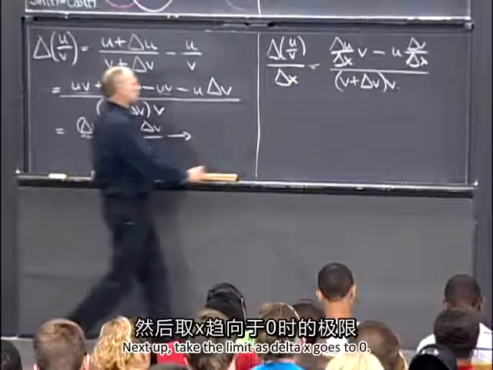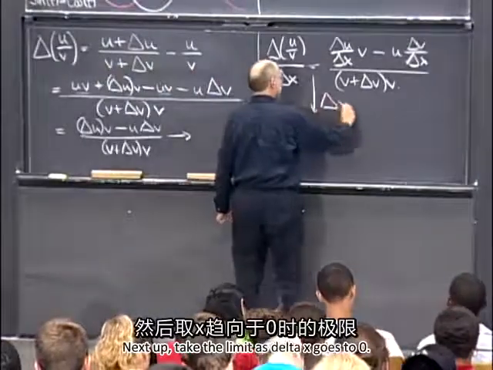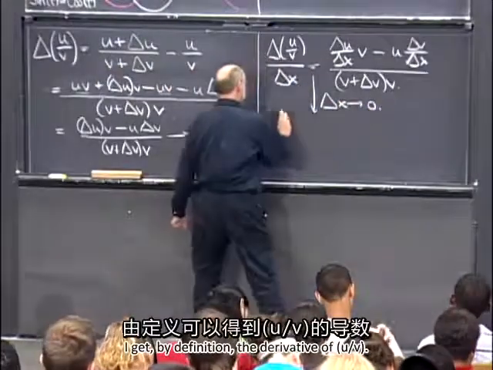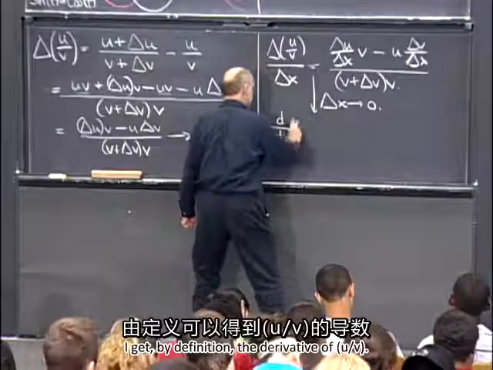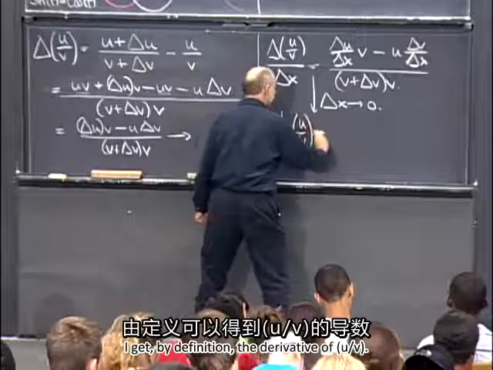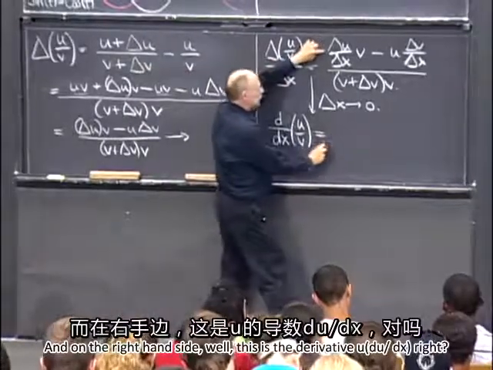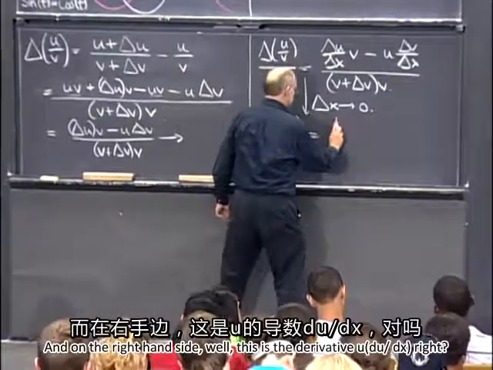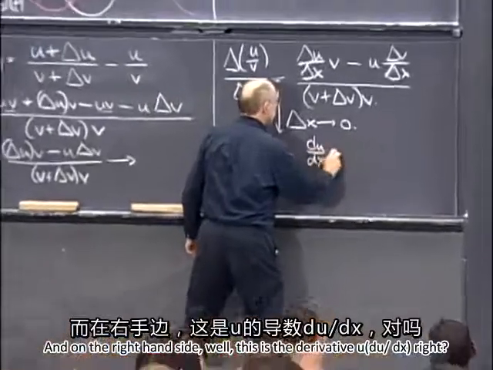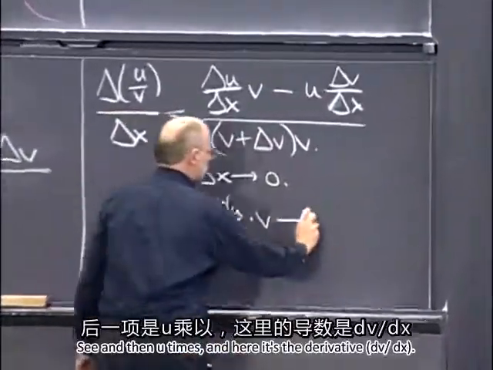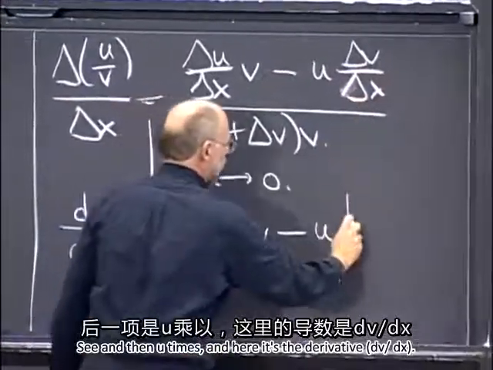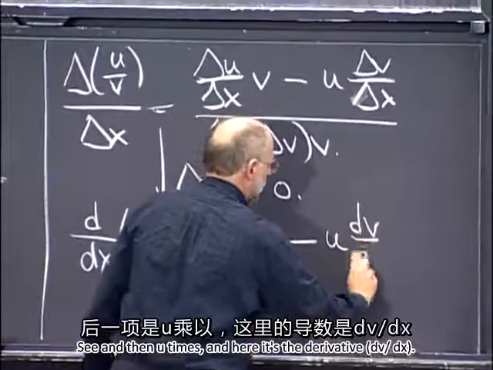Next, take the limit as delta x goes to 0. I get, by definition, the derivative of U over V. And on the right-hand side, this is the derivative dU/dx times V, minus U times the derivative dV/dx.